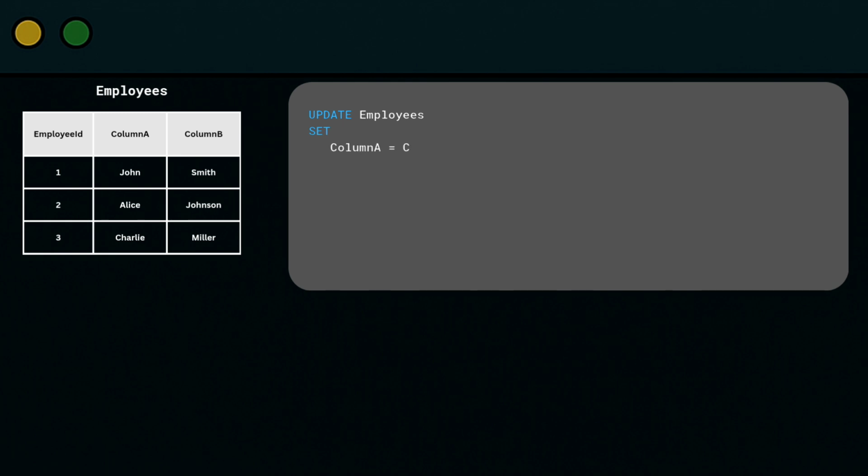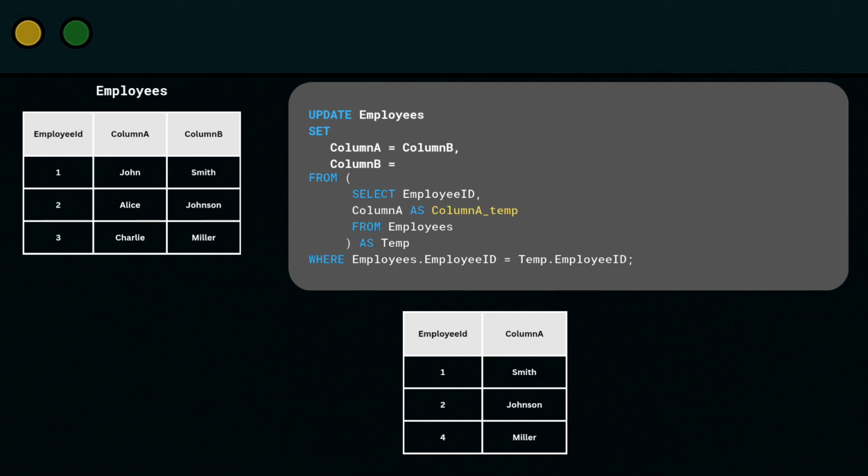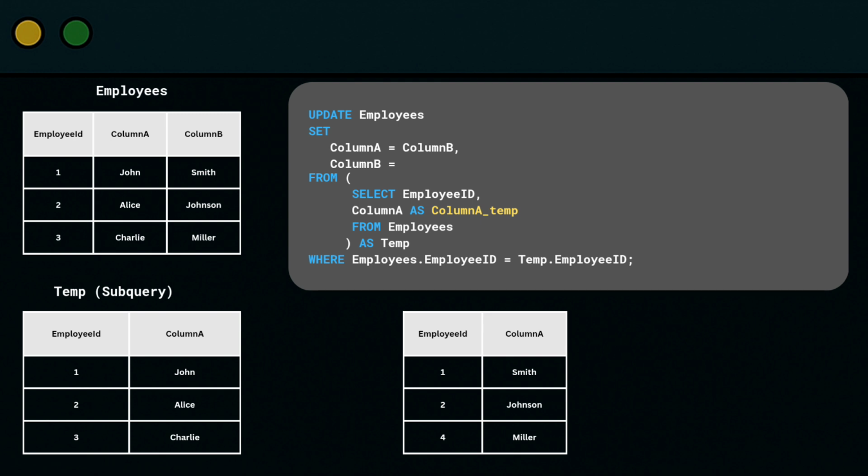That would be the best practice. We can assign the column B data into column A directly. Now, how will we assign column A data into column B? Column A data is already replaced by the column B data, right? For this, we'll create a subquery which will hold the column A data temporarily. We know a subquery runs first.